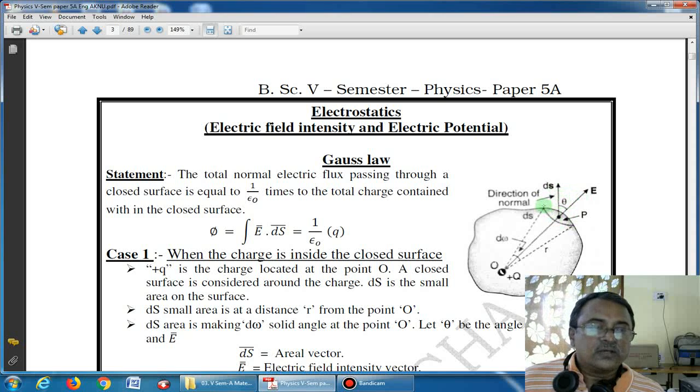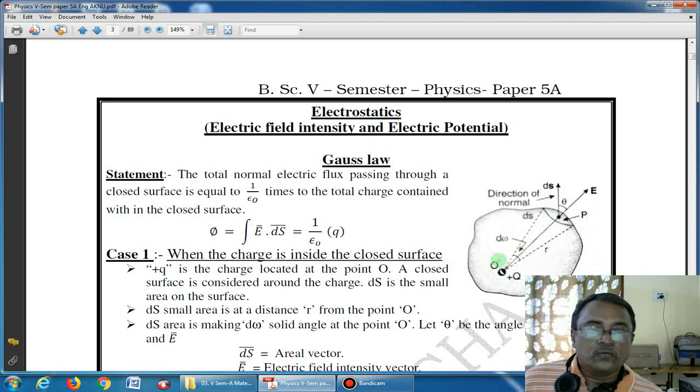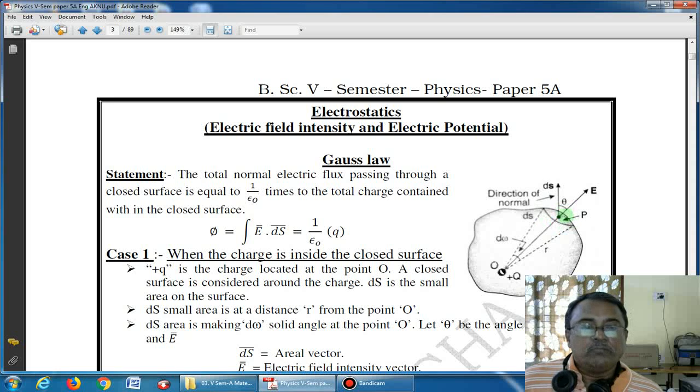Let this small surface be at a distance r from the positive charge which is located at the point O, and this small surface area ds is making a solid angle d omega at the point O or at the charge q.